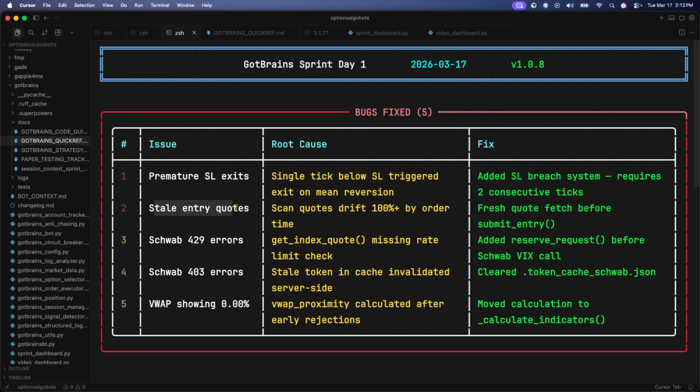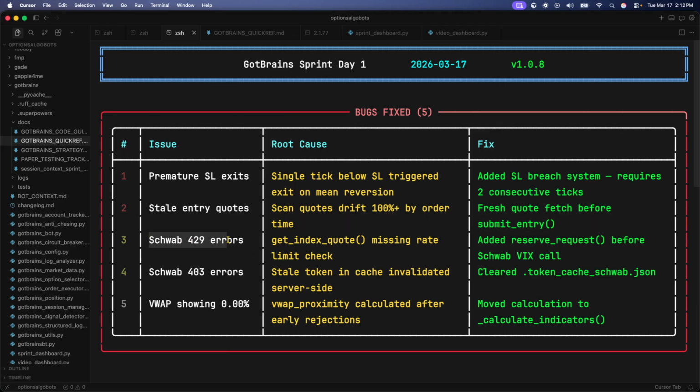And then we also had a stale entry quote, meaning that when the bot was trying to get into a position for an option contract, the quotes or the price that it was getting wasn't the correct one, right? So what we implemented was making sure that it's getting fresh quotes whenever it's entering into a position. We also had a couple of provider errors.